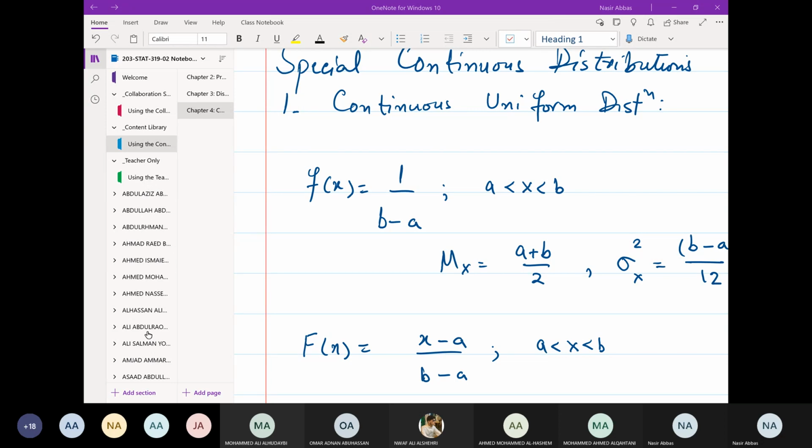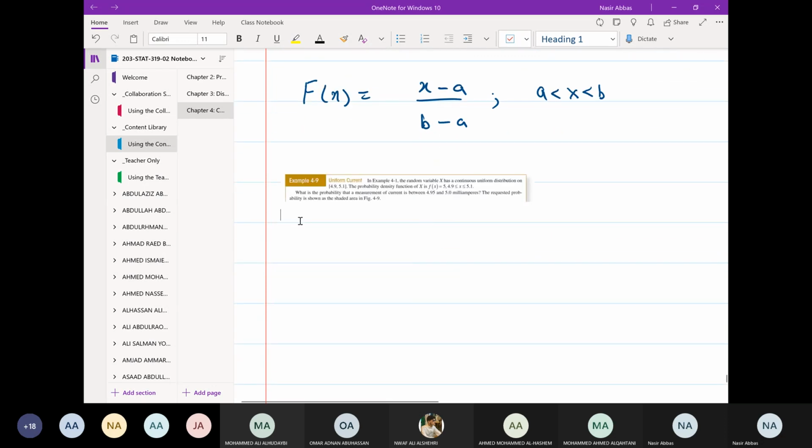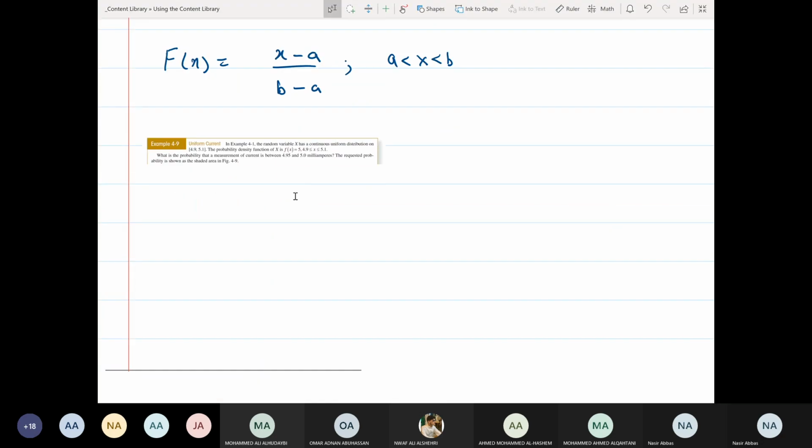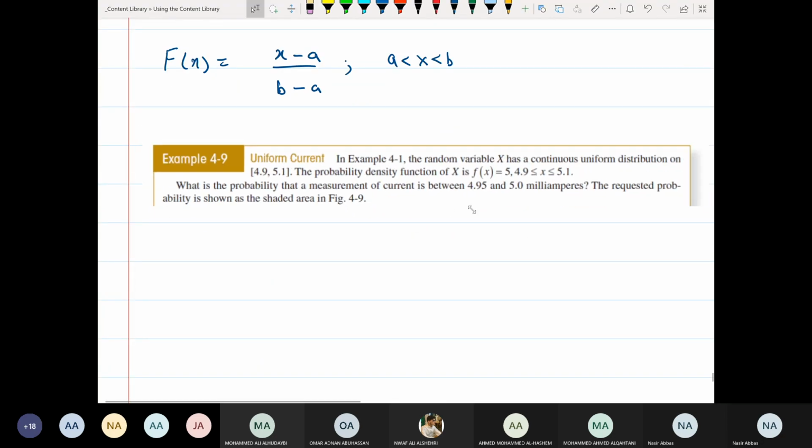So let me copy an example from the book. Okay, let us try and see what we can do with this example.